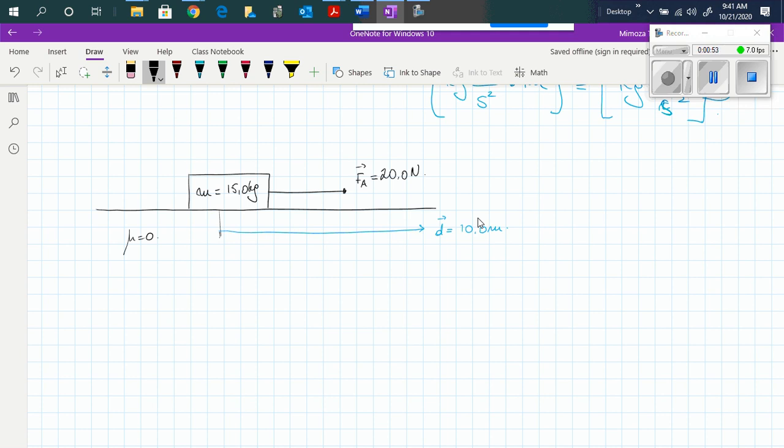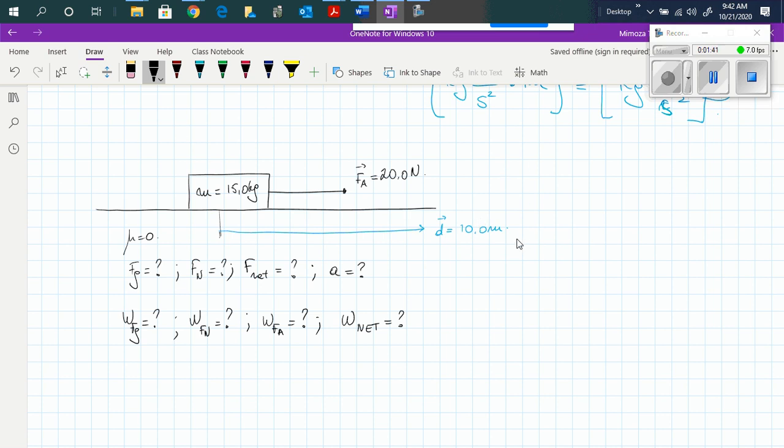Now let's start with the free body diagram, because what we are looking for here is what is force of gravity, what is force normal, what is force net, what is the acceleration of the object, and then what is the work done by force of gravity, what is the work done by force normal, what is the work done by force applied, what is the work net that the object is experiencing.